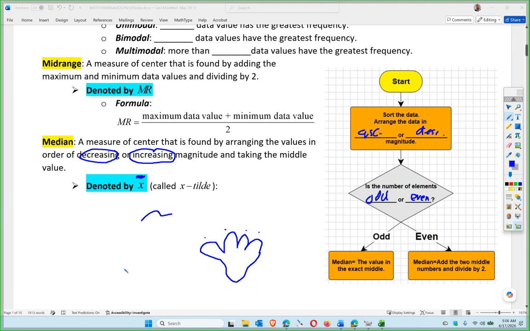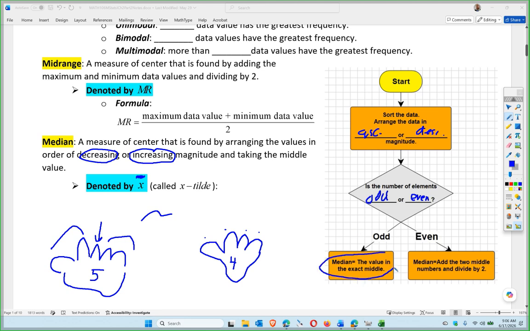But luckily, you have your middle turn signal, because you have 5 fingers, so you can drive in Massachusetts. So an even number of values does not have a middle finger, but an odd number of values does have a middle finger.